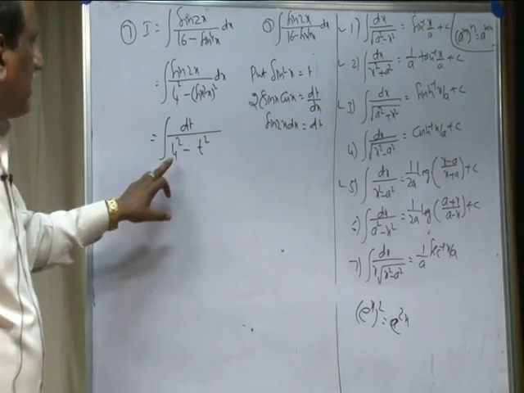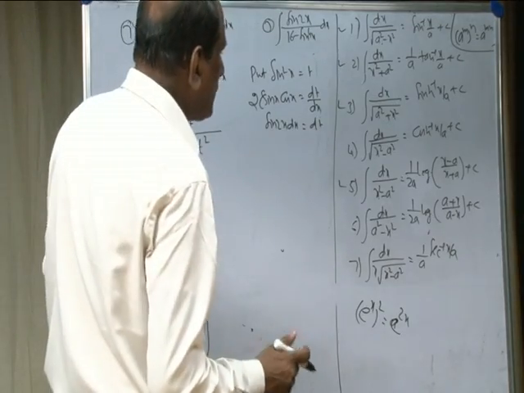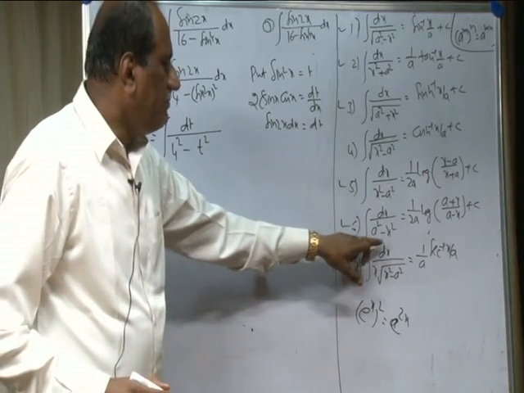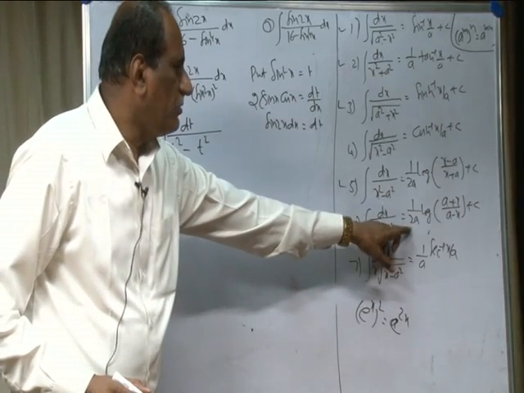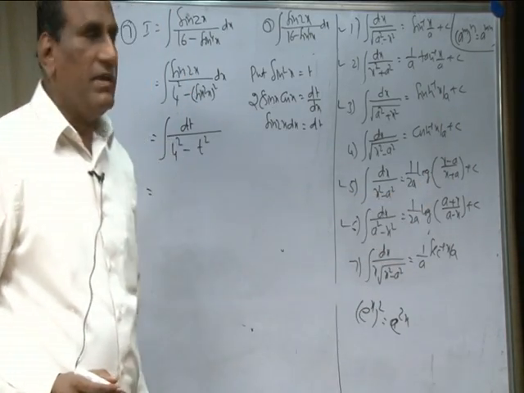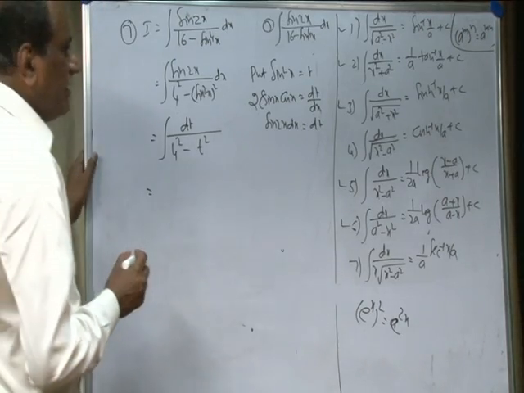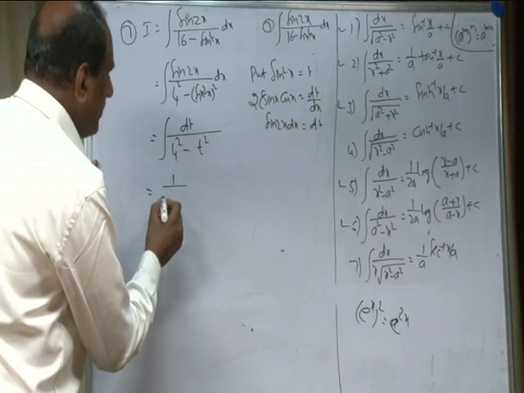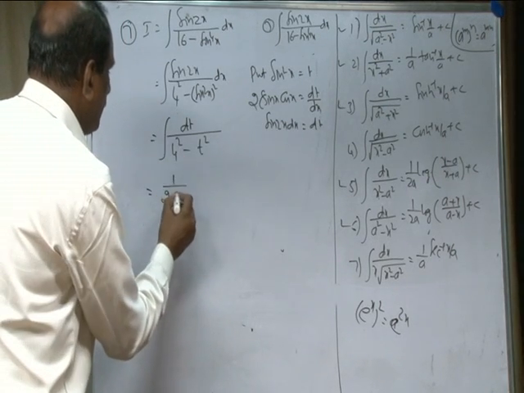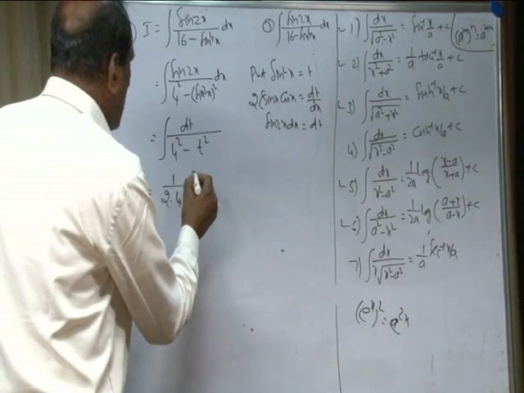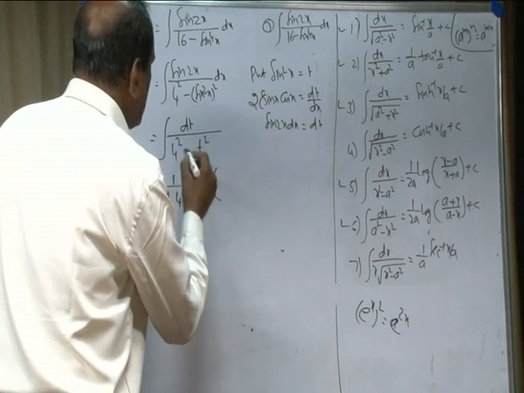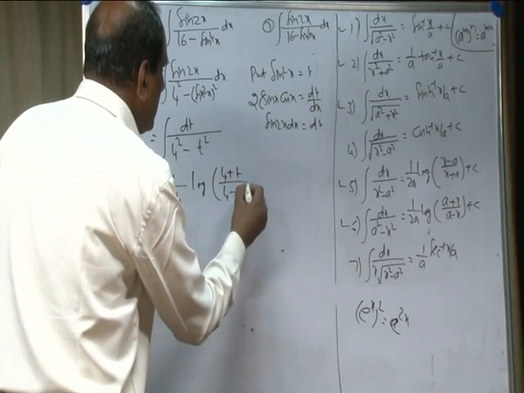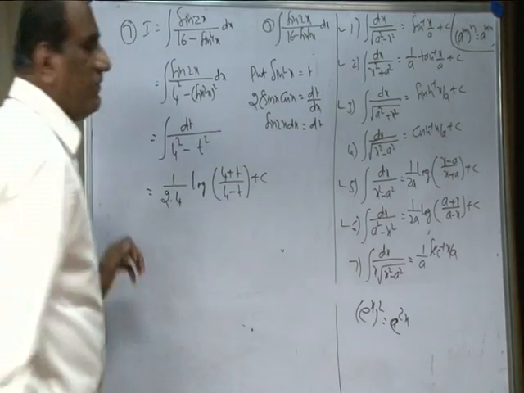This is of the form a squared minus x squared, sixth form: integral of dx divided by a squared minus x squared is equal to 1 by 2a log of (a plus x) by (a minus x). Now, use that formula: 1 by 2 into a, 2 into 4 is 8, log of (4 plus t) divided by (4 minus t), plus constant of integration.